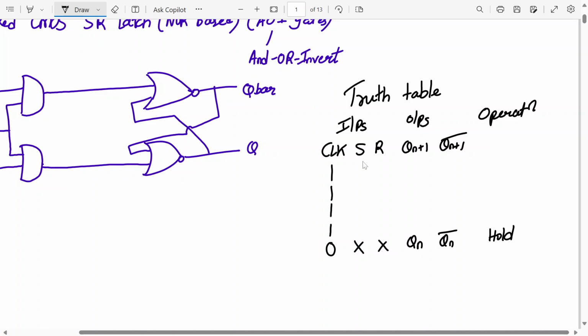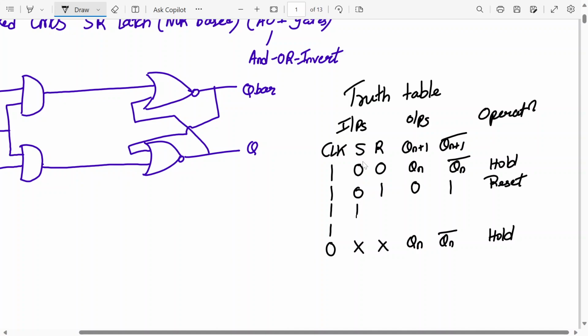Okay, so tell me, whenever S and R is 0 0, what do we have over here? It will hold the previous state. Okay, so this is hold again. Then when S is 0, R is 1, what will be my output? 0, because reset is 1. Correct? So what is that operation called? Reset. Yeah, reset.